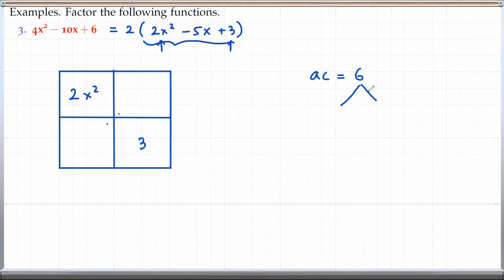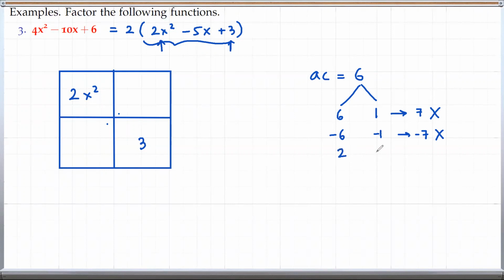So we need to look at several combinations of factors of 6. Let's list some possibilities. We can have 6 times 1 for 6, but the sum is 7, so that will not work. We can have negative 6 times negative 1 to get 6. In this case, the sum is negative 7, so that will also not work.